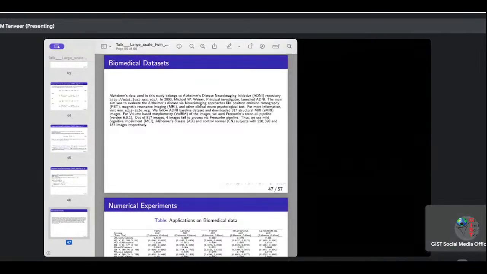I'm sure that some of you are aware of Alzheimer's disease. Alzheimer's disease is essentially a progressive neurodegenerative brain disorder, and it was named after the German doctor Alois Alzheimer, who was the first to diagnose this disease in 1906.